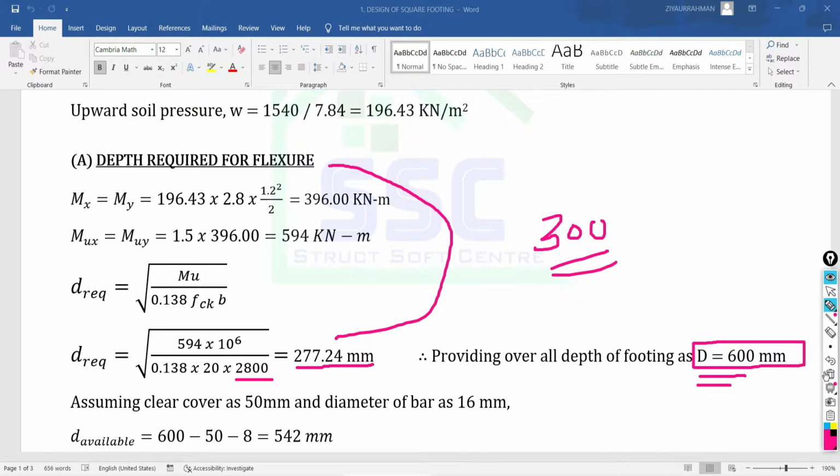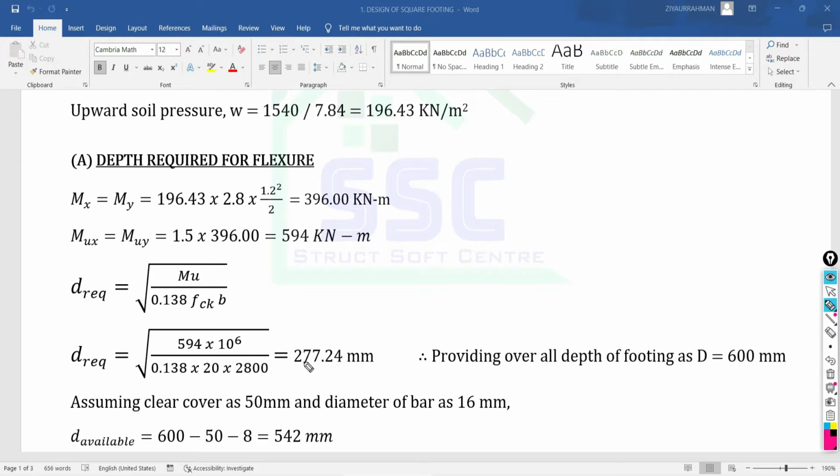Why am I going to do this? As I told you, the depth of the footing is going to be decided by two criteria. One is your flexural criteria, another one is your shear criteria. So this 277.24 is the demand of the flexural criteria. In most situations, based on my experience, the depth is going to be influenced by the shear criteria, and that will always be more than the demand of your flexural requirement.